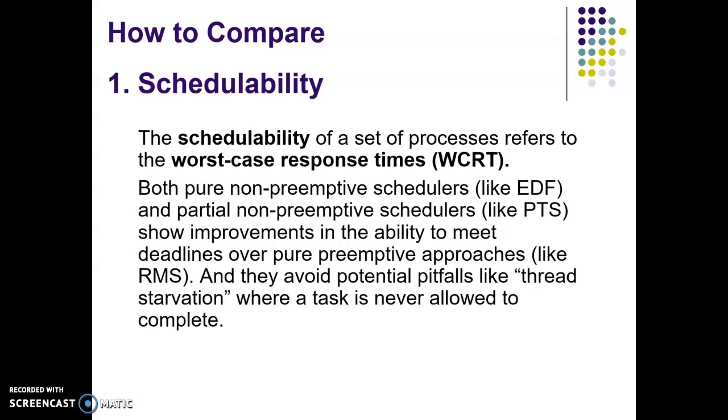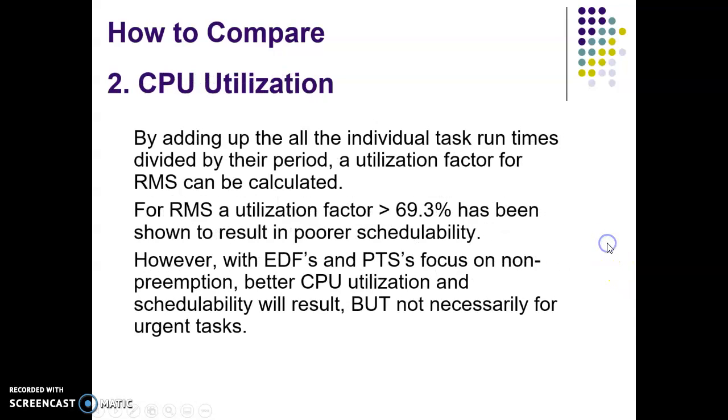They also avoid pitfalls like thread starvation, where a task is never allowed to complete. As we saw earlier, you could have a hierarchy of tasks all running where one task never finishes because it keeps on getting preempted by higher priority tasks.